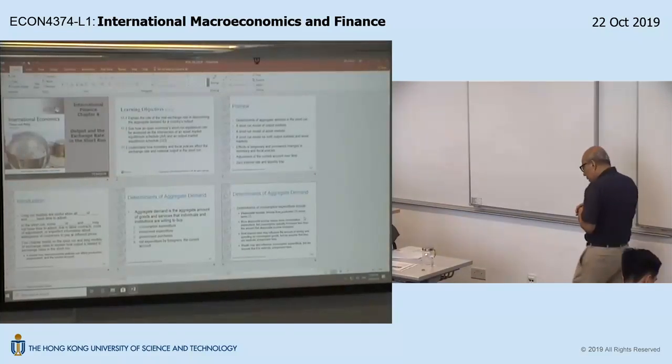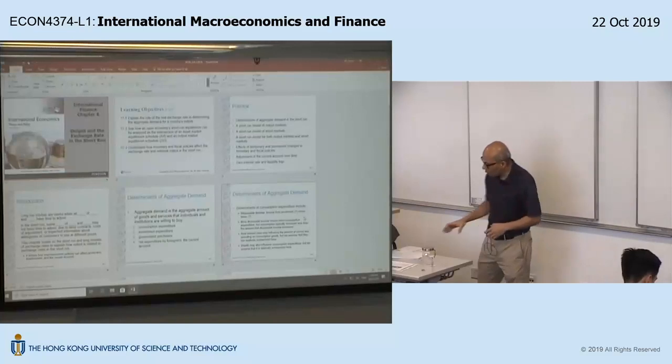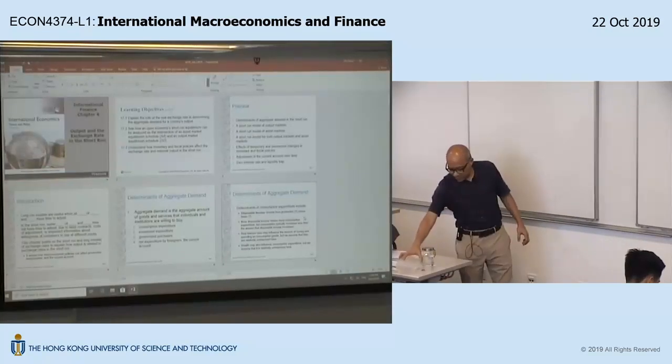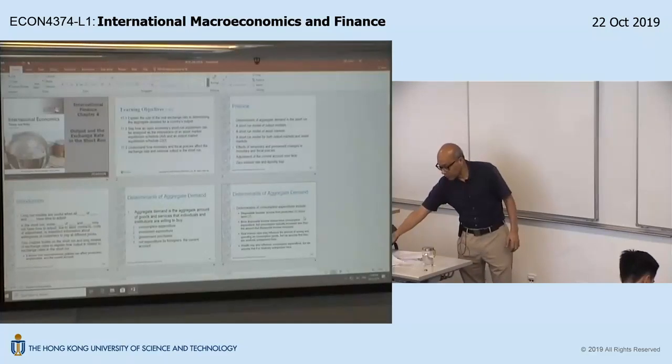So open economy macroeconomics is particularly relevant to smaller countries, small open economies.